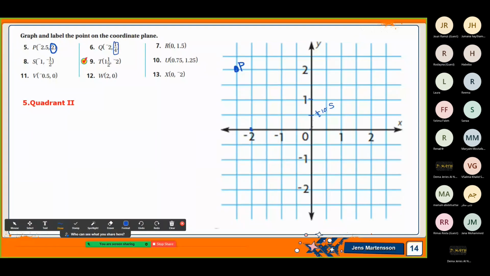So you are between 0 and half or between half and 1? It's between 0 and half. It's here. So you go up with 1 over 4. So here it will be. So here is point Q.